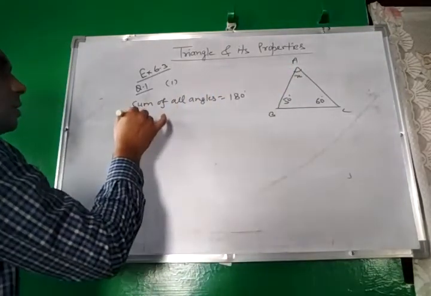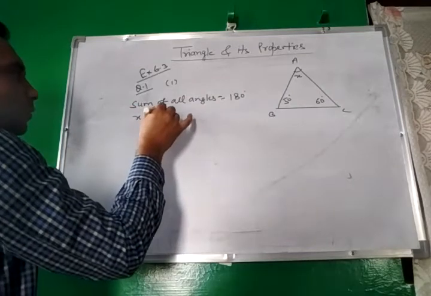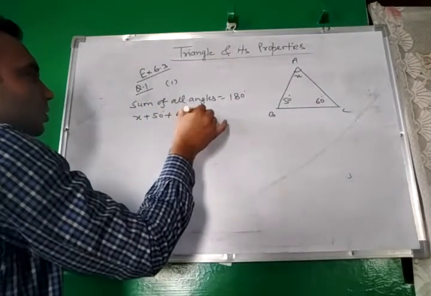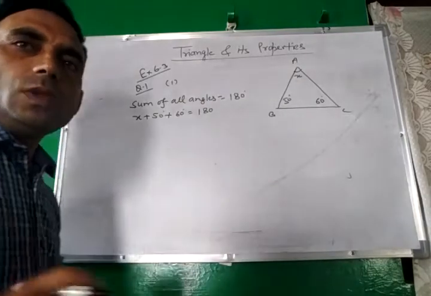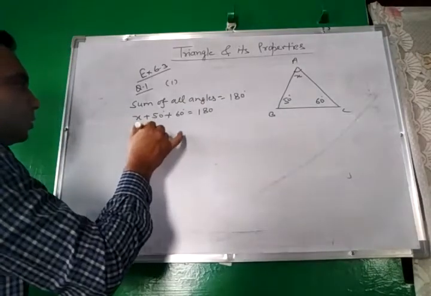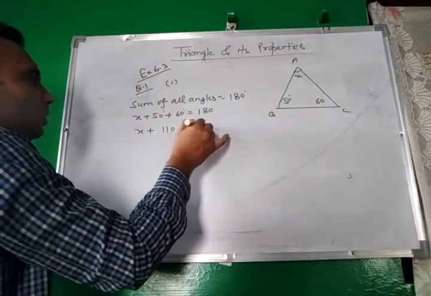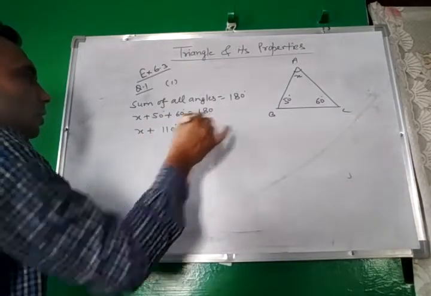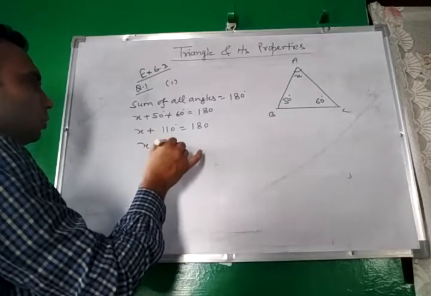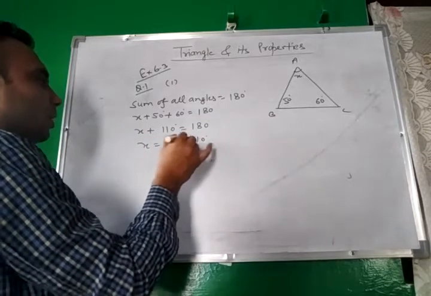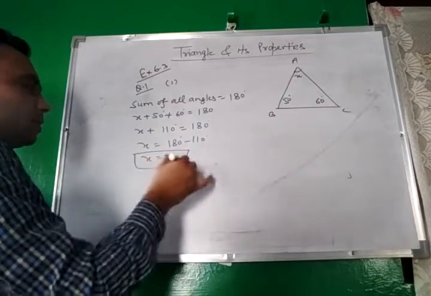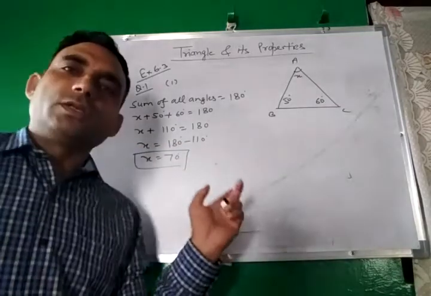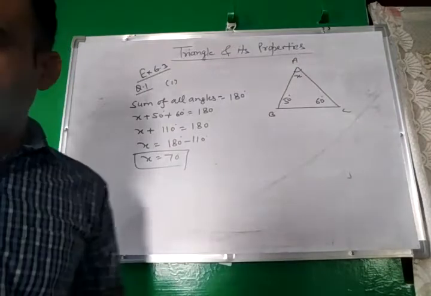Sum of all angles: x plus 50 plus 60 is equal to 180. So x plus 110 is equal to 180 and x is equal to 180 minus 110, which implies the value of x is 70. So x is equal to 70 degrees.